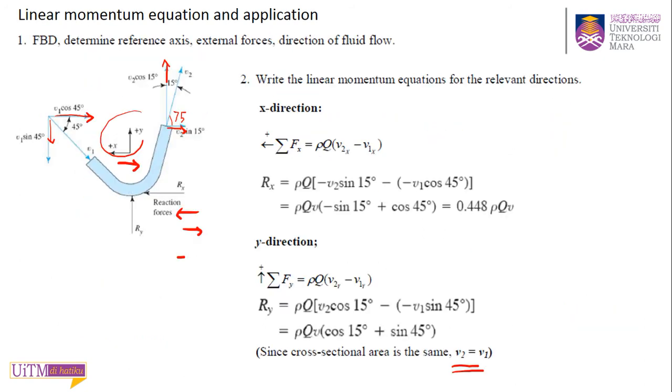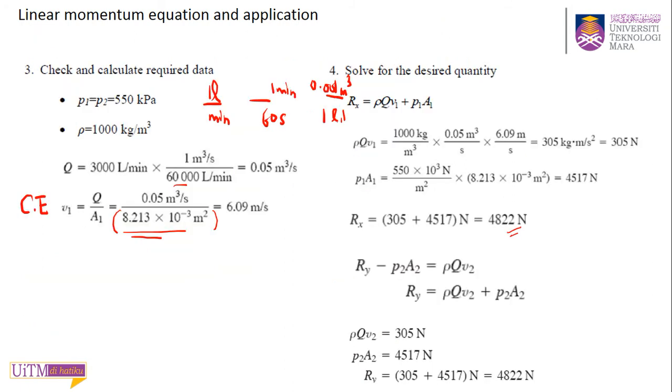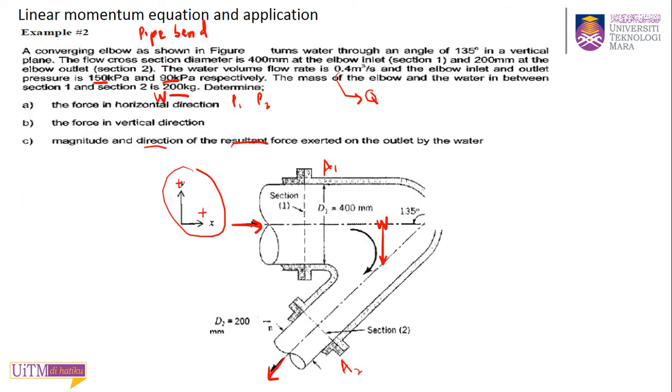But in this example, they provide you with the W. Mana dia? This one. So in this example, they give you the weight because maybe the weight is quite significant. 200 kilogram. And this pipe and this water maybe is quite big, and that's why they have this W component.